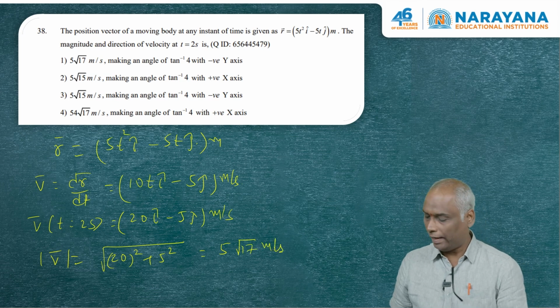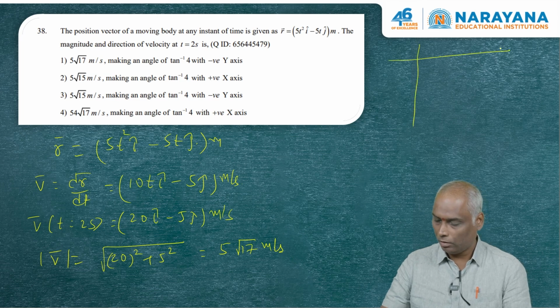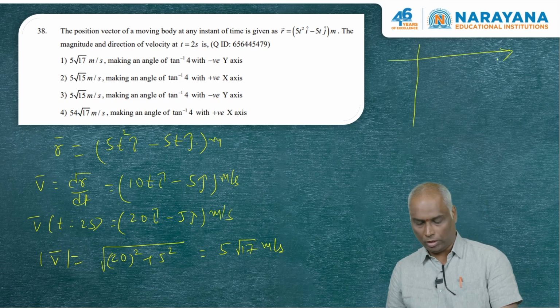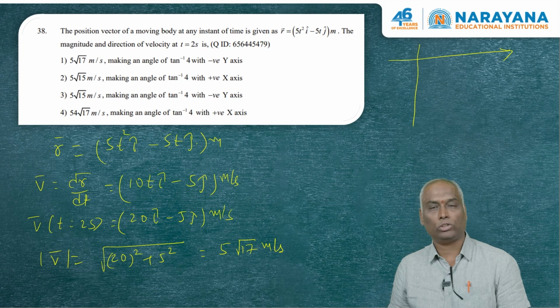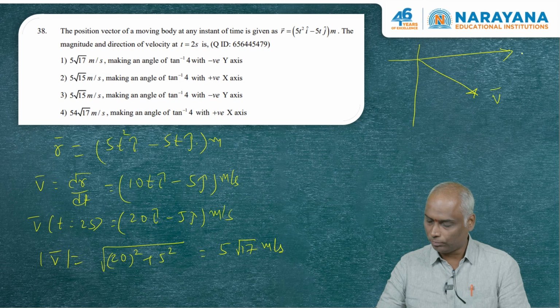So when it comes to the direction, let us represent it in the xy plane. We can see that the x component of velocity is positive and the y component is negative. So it's going to be in the fourth quadrant like this. This is the direction of velocity. So this is x, this is y, this is origin. If I consider the angle made with the negative y-axis, this is theta.